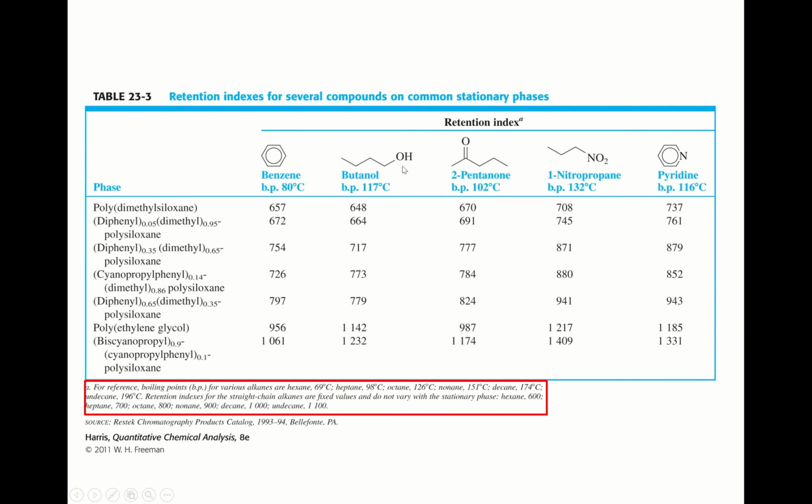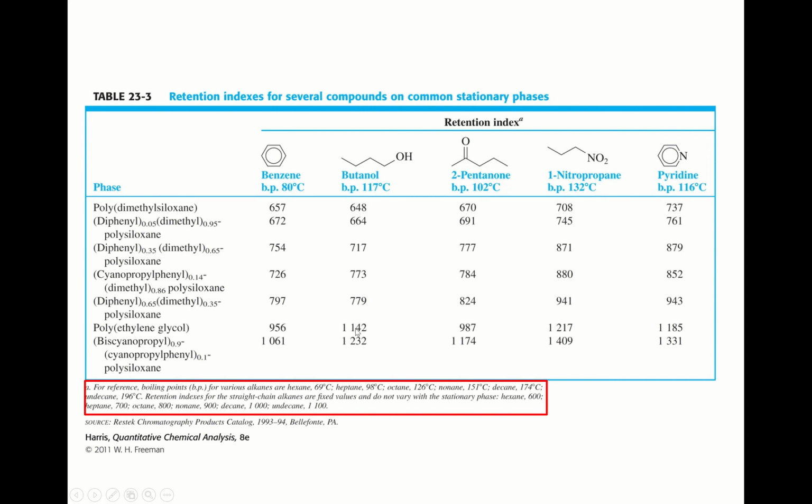Butanol is a polar molecule, so it retains longer, at 1142. With the non-polar stationary phase, butanol comes out first, before benzene.